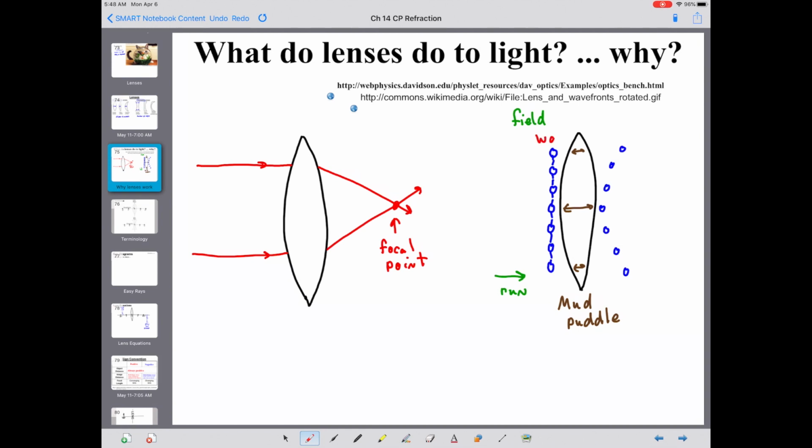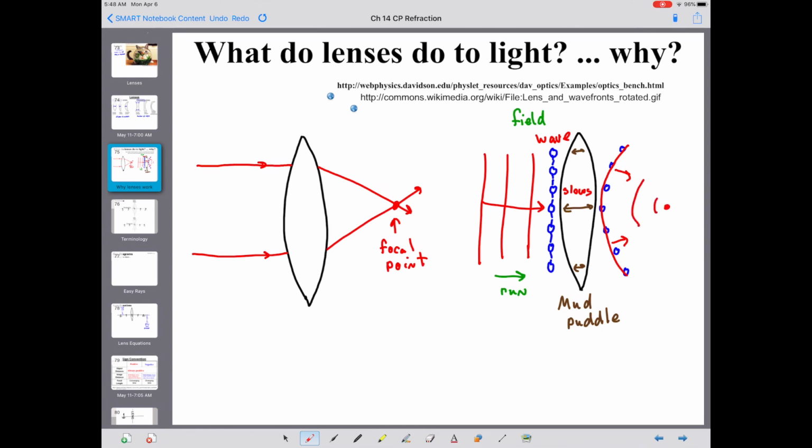Now, our people are an analogy for a wave. So here comes our wave into the glass. And what happens is it slows down when it goes into the glass. And the part in the middle slows down for a longer period of time than the part on the outer edges. So when that wave comes out, it doesn't come out straight, but it comes out curved.